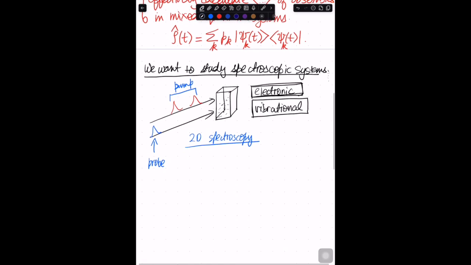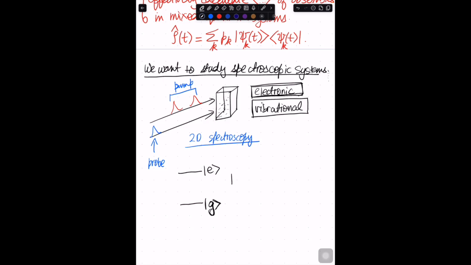Let's just say you consider a two-level electronic system with a ground electronic state and an excited electronic state. After your first light field interacts with the population in the ground electronic state, your residual quantum system exists in a superposition of the ground and excited electronic state.